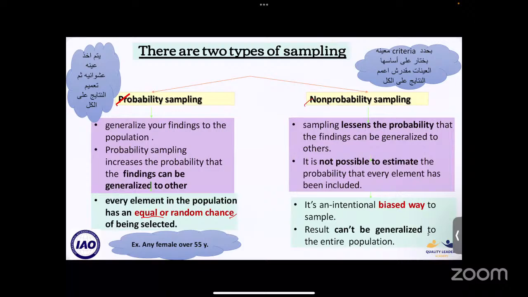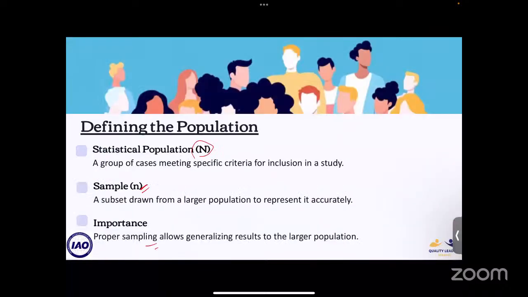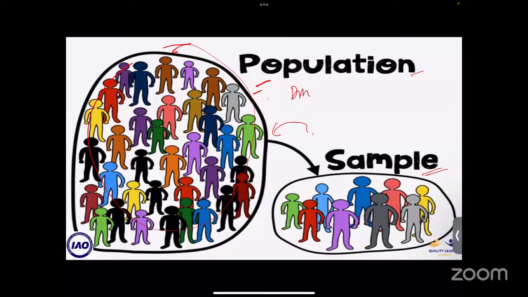So for example, if the population consists of females over 55 years old and you randomly select individuals from this group, this is probability sampling because there is no bias. It's purely random.